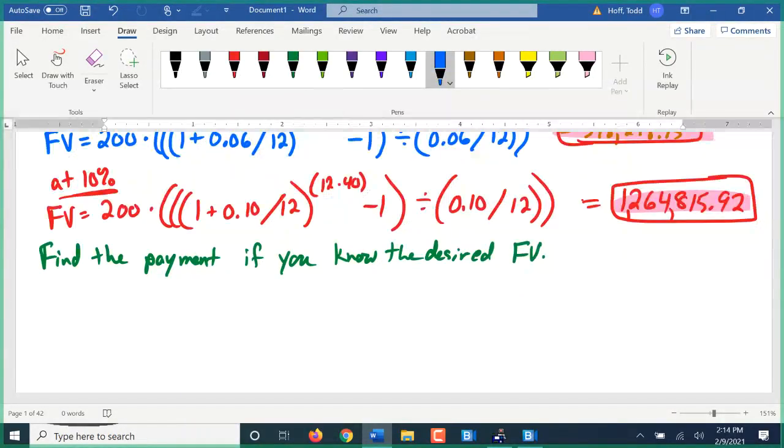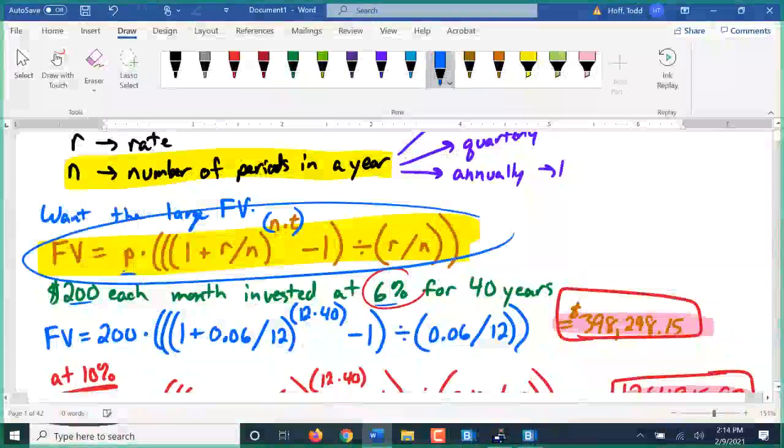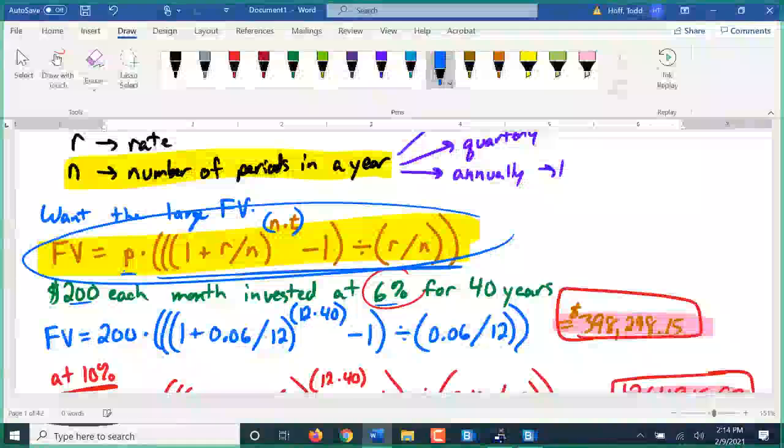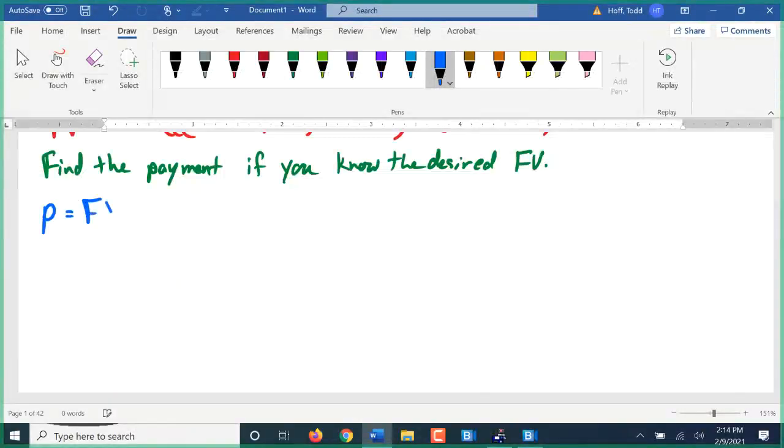Well, that's just this formula that we did up here in reverse. Instead of the payment times this whole big factor, find the payment, taking the future value, divided by that whole big factor.